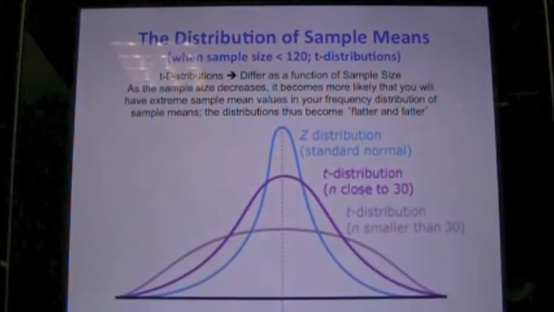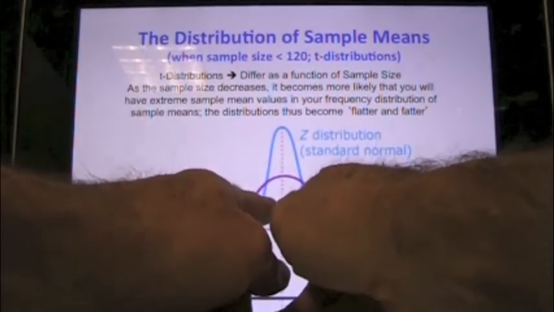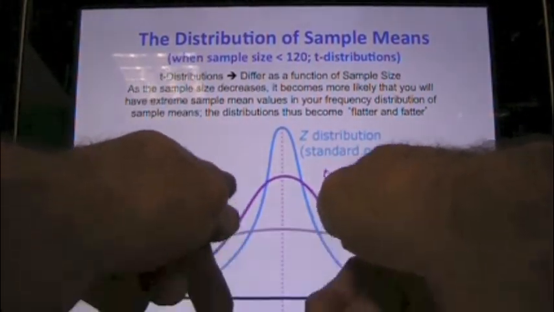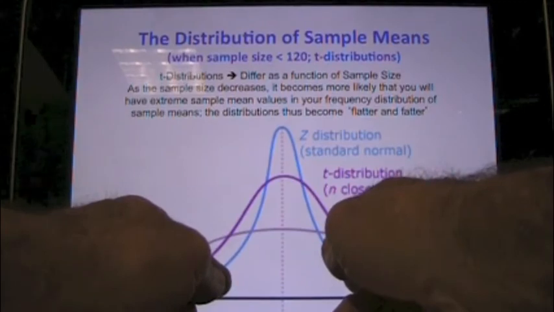And the whole point of this is that if what you're trying to do by calculating a confidence interval is give me a range of values centered around the mean where you are 95% confident that you captured the population mean: if it's a normal curve, you'll move out 1.96 standard deviations out here, and you've got it.